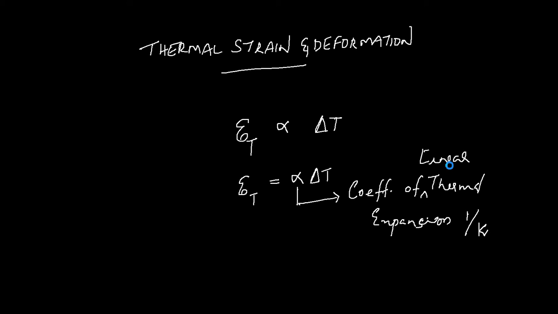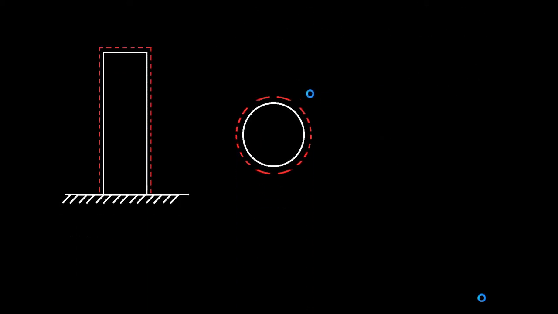Usually equal thermal strains develop in every direction of an unconstrained body. For example, if you have a body which is sitting on a frictionless plane, then the thermal expansion will be the same in all directions, just like this.